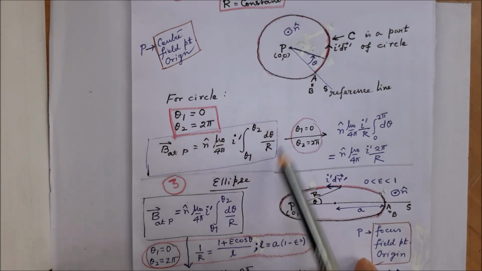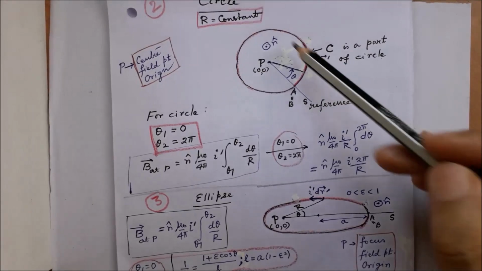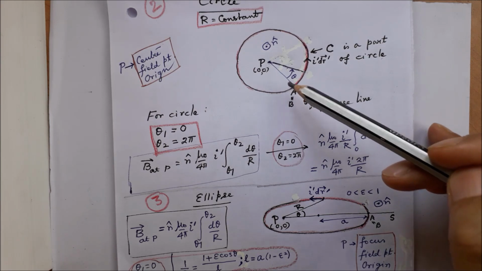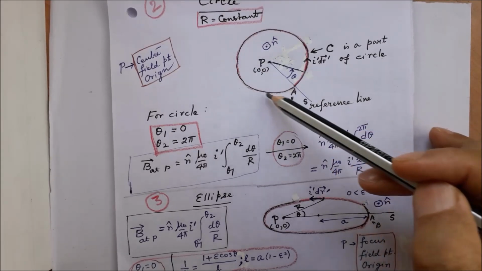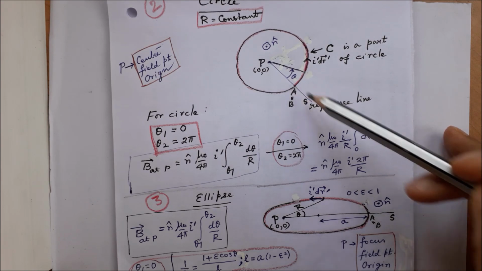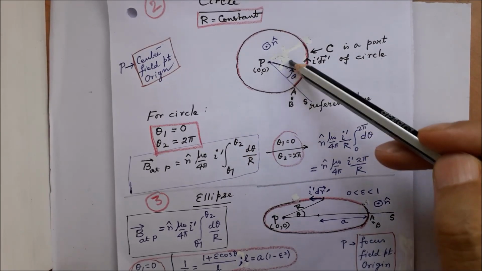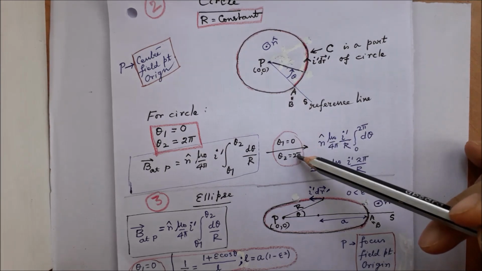And in this expression we have theta 1 and theta 2, and as is evident from this diagram, the point A, which corresponded to theta 1, is now 0. Theta 1 is 0 here, and then you move throughout the entire circuit and come back to point B, which is actually the same point as A, and B makes an angle with the reference axis of amount theta 2, which in this case, since you traverse the full circuit, will be 2 pi.